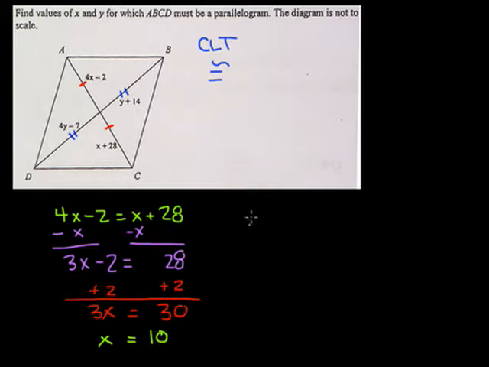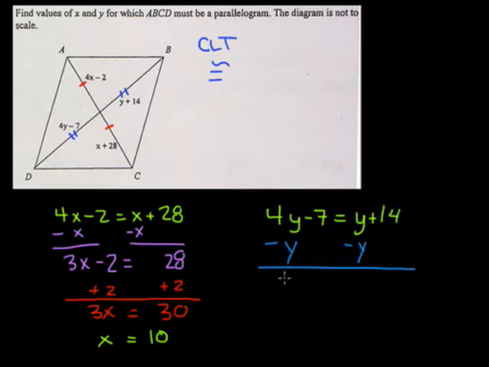All right, now let's go ahead and set these two diagonals equal to each other. 4y minus 7 is equal to y plus 14. And if I solve that, I can subtract y from both sides. That gives me 3y minus 7 is equal to 14.